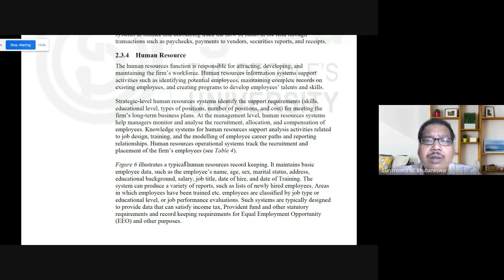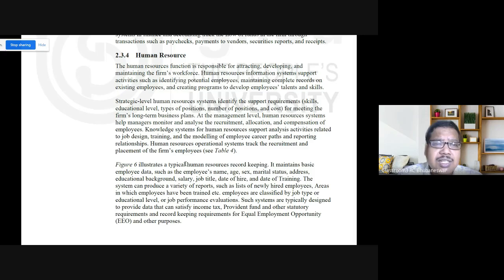Whenever an organization is working, it should work for the employees, for the environment, for the people, and for the society. That makes the organization different if it thinks about society. That makes it unique, its USP, unique selling point.